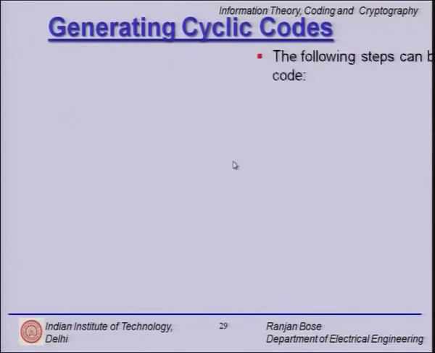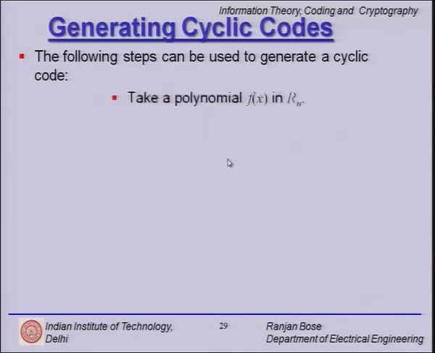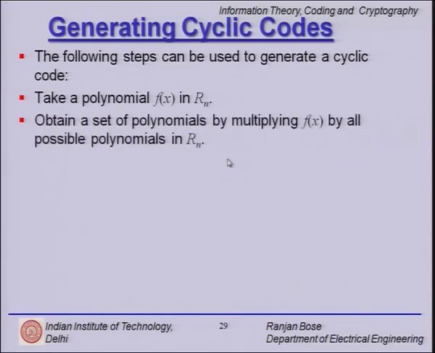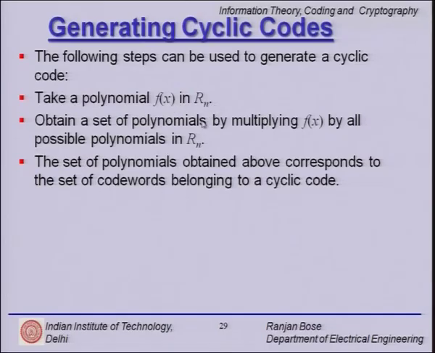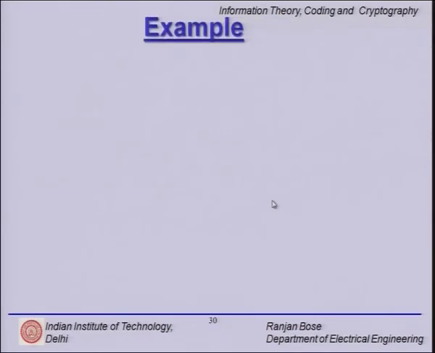That is the basic idea. So, how do we generate cyclic codes? Take a polynomial f(x) in Rn, and obtain a set of polynomials by multiplying f(x) by all possible polynomials in Rn. Remember, Rn is modulo x^n minus 1. The set of polynomials obtained above corresponds to the set of code words belonging to a cyclic code of block length n.